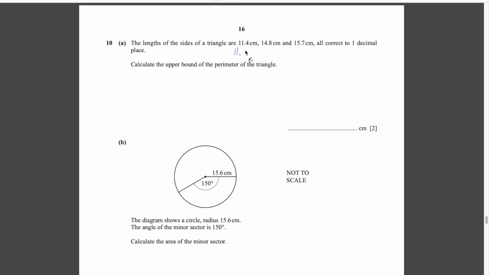This one will be 11.45, this one 14.85, and this one 15.75. Now the perimeter will be the sum of the upper bounds of the sides, 11.45 plus 14.85 plus 15.75, which is 42.05.